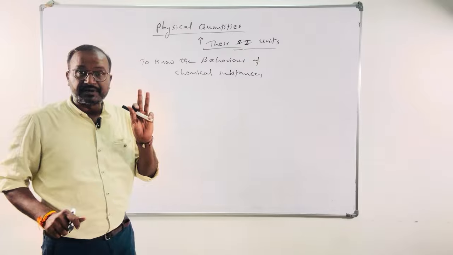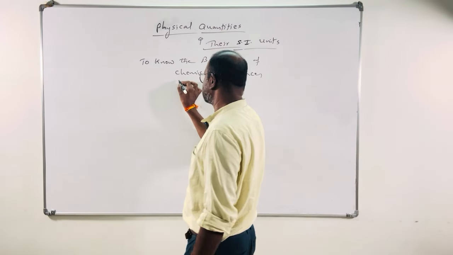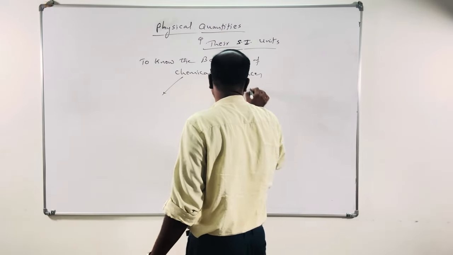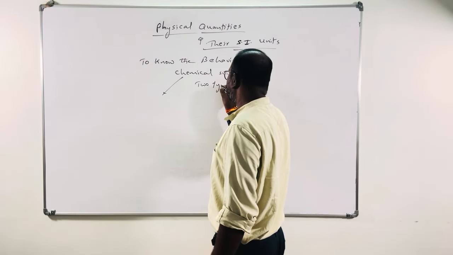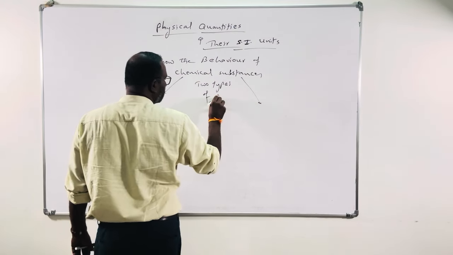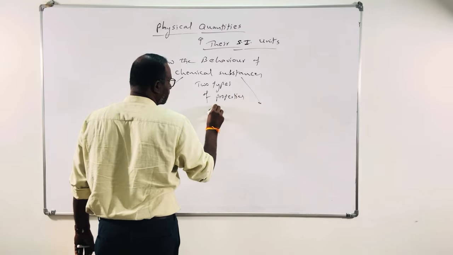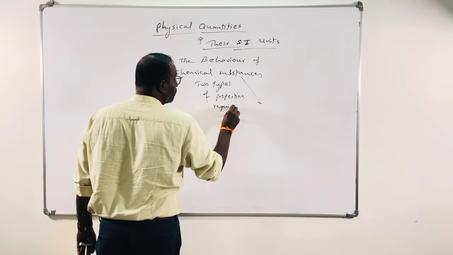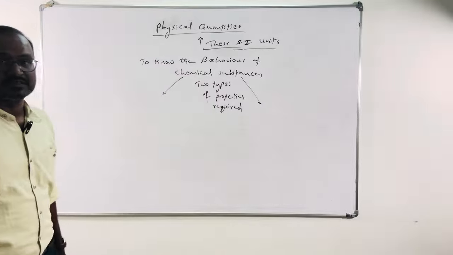Two types of properties are required to know the behavior of chemical substances.